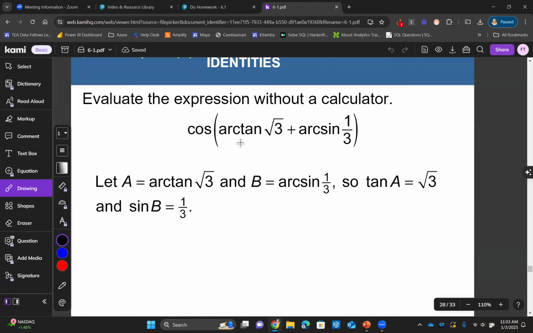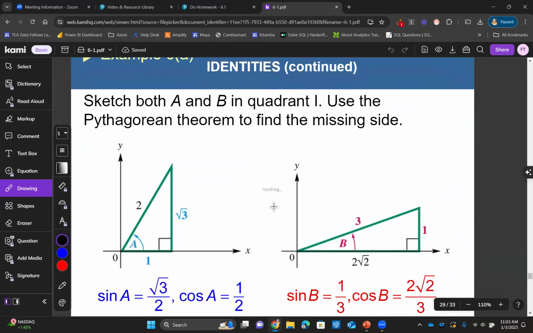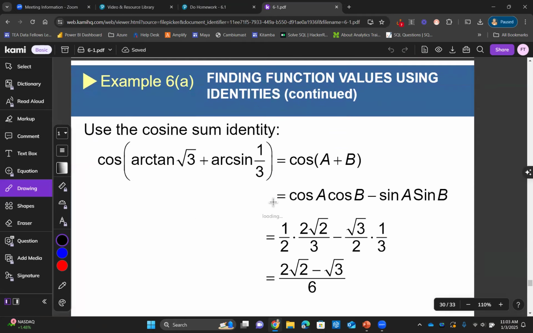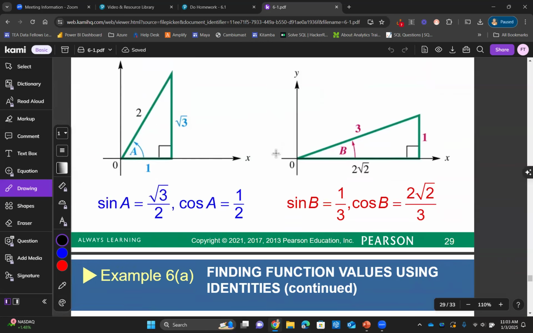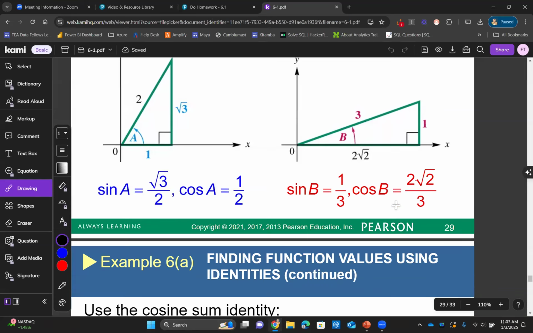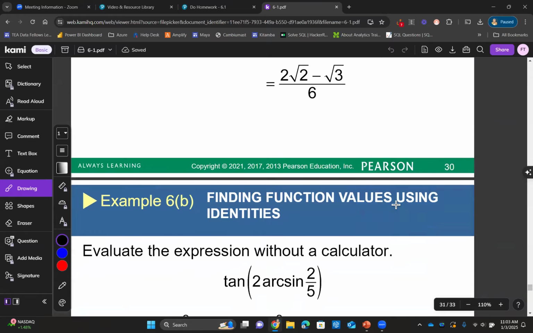This question is asking you to find cosine of A plus B, which we learned in a previous chapter. You will need to remember the formula for cosine of A plus B. By drawing a triangle for each of these angles, you must get the sine value and cosine value for each angle, so that you can place them in the formula and find the answer.